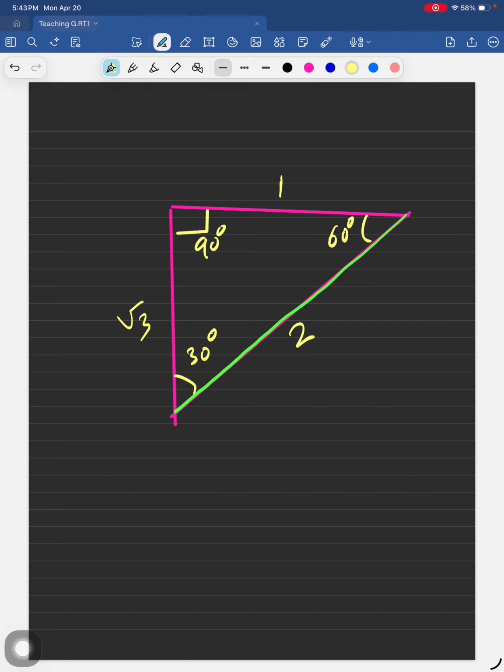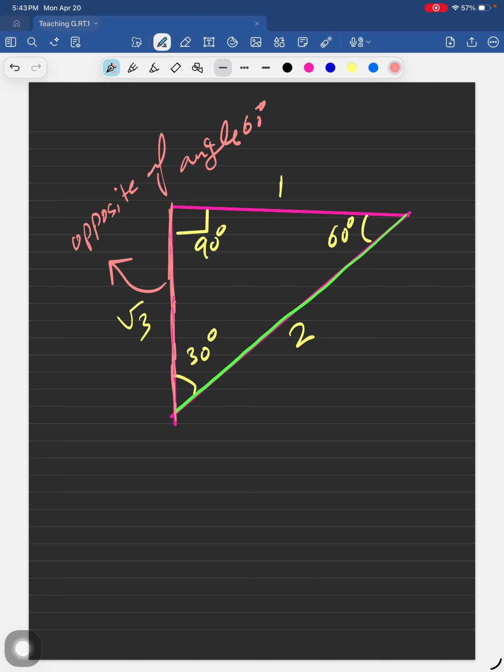We can do it like this. So if we highlight it like this, okay, this is, as you see, the furthest or the opposite of the angle 60.